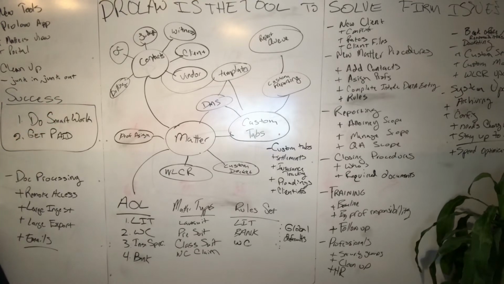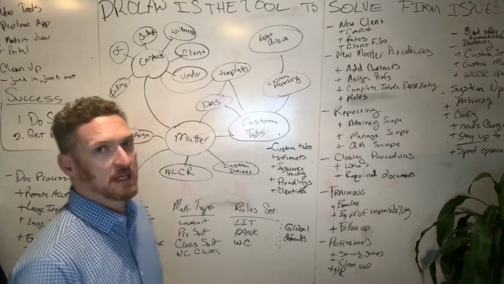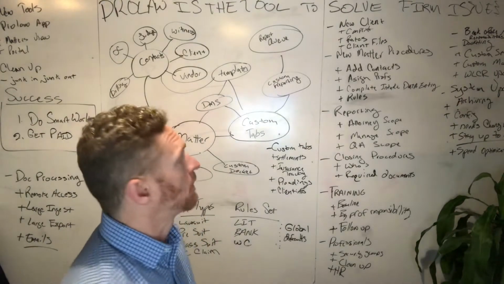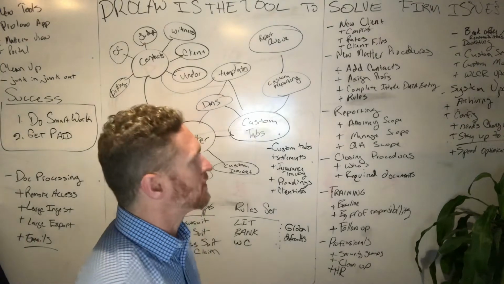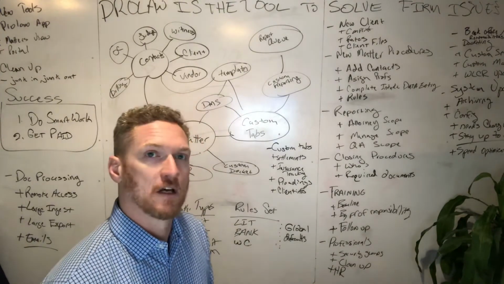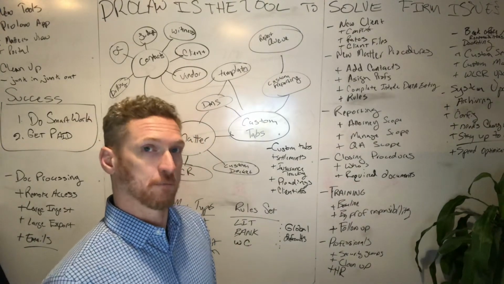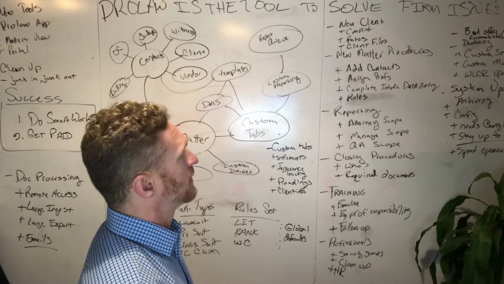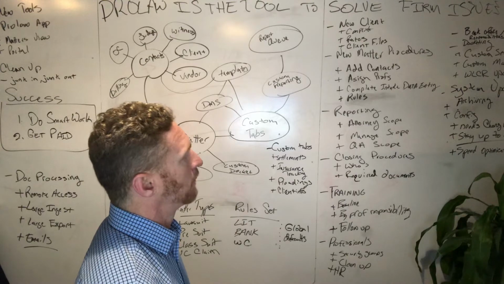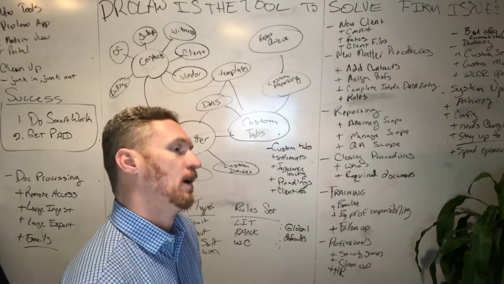I wrote this along the top because I think it's very true that ProLaw is the tool to solve firm issues, but it doesn't necessarily mean that those solutions are pre-configured, unfortunately. Sometimes we do have to kind of invent, using the framework of ProLaw, tracking mechanisms or processes to solve these problems. And what type of problems?